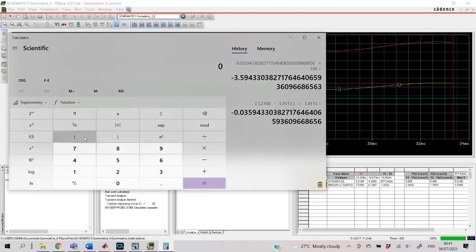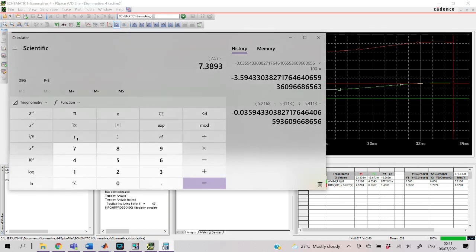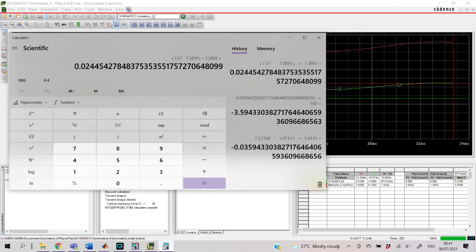So 7.57 minus 7.3893, divided by 7.3893, since this is the computed value, multiplied by 100.